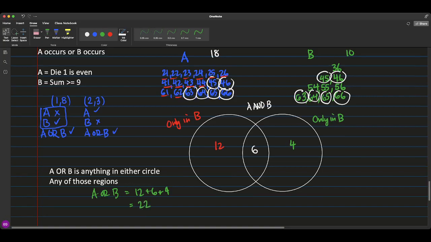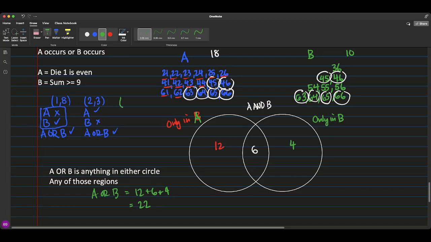So there are 22 ways to make A or B true. You can make it true with the stuff that only happens in A, that's 12, the stuff that only happens in B, or the stuff that occurs in both.